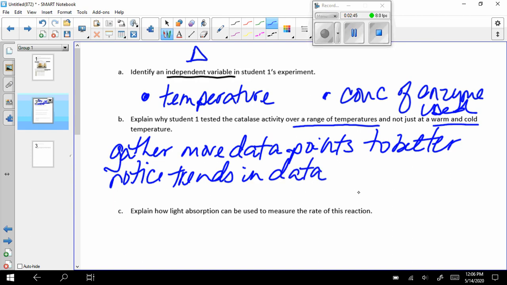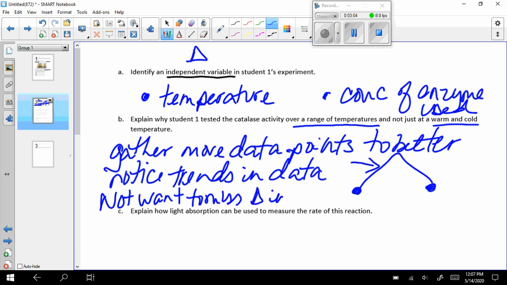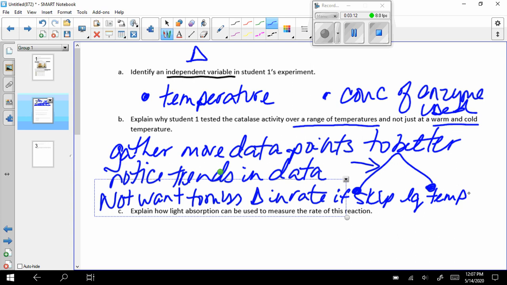So for example, if she had only calculated the rate when it was really cold and really warm, the rate was extremely low then, but you had this big curve in the middle, you would have missed all of these points. So you do not want to miss changes in the rate if you skip large temperature intervals.